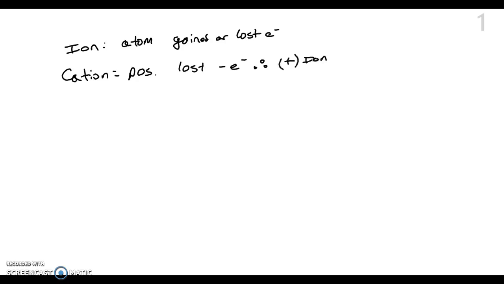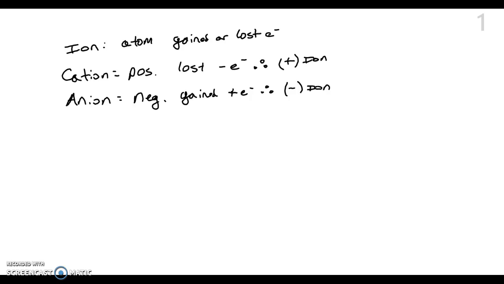We have the anion. This is the negative. It gained a negative electron, therefore it's a negative ion. Two very important concepts.